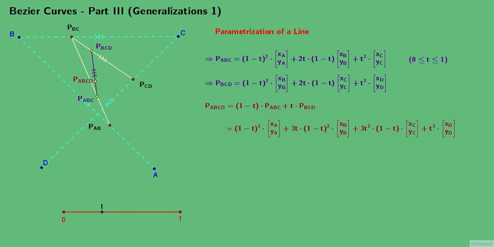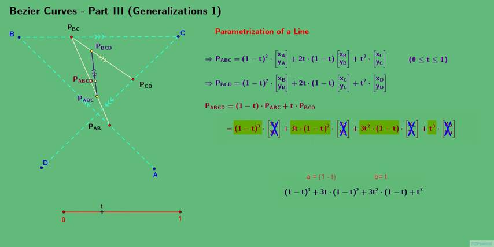Let us turn our attention to these factors, which are the coefficients of the vectors or the points that are used for the parametrization. Let us ignore the vectors and take only the coefficients that involve t. We end up with a sum that looks like this.